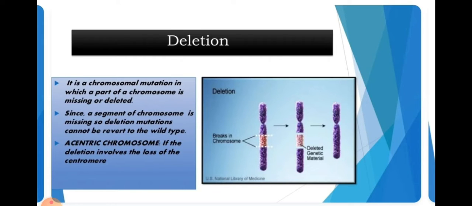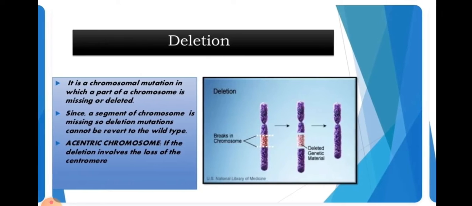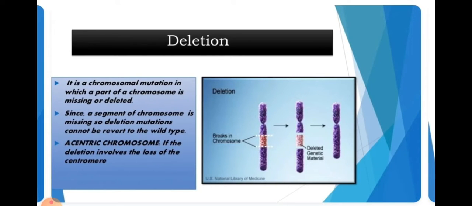Since the segment of the chromosome is missing, a deletion mutation cannot revert to the wild type. Acentric chromosome results if the deletion involves the loss of the centromere. If it involves the central part, the centromere part, then the centromere will be lost. This is what deletion is.